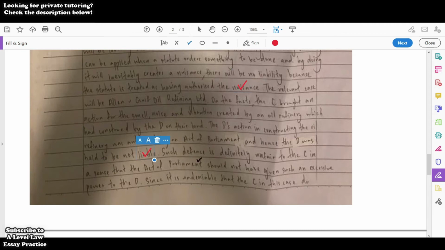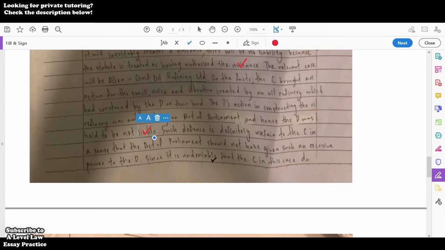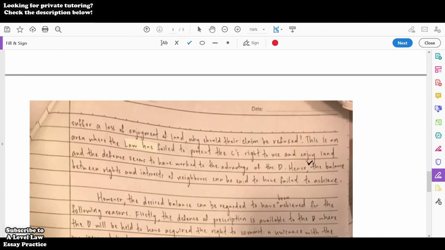Such defense is definitely unfair to the claimant in a sense that the Act of Parliament should not be given such an excessive power to the defendant. Wow, excessive power. I wouldn't say excessive power, but that is a nice way of putting it. Since it is undeniable that the claimant in this case does suffer a loss of enjoyment of land, why should their claim be refused?